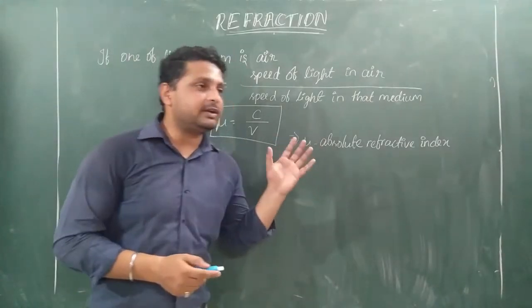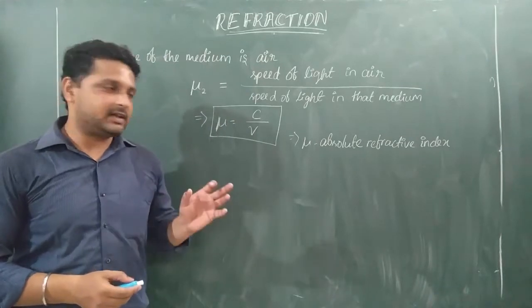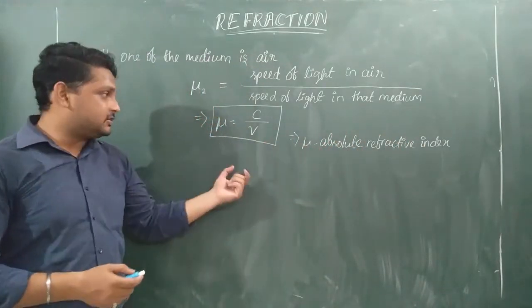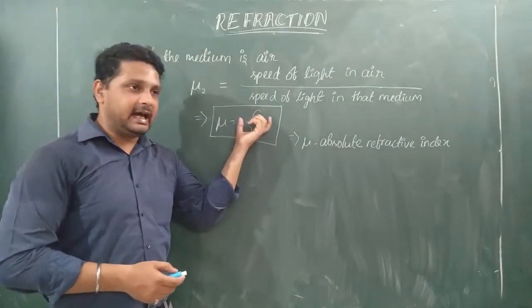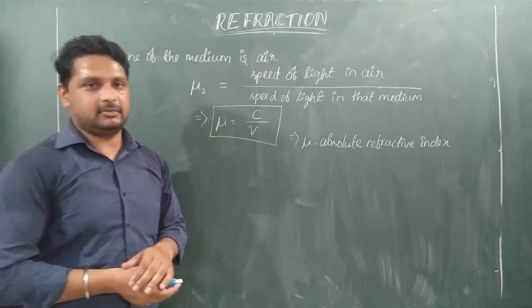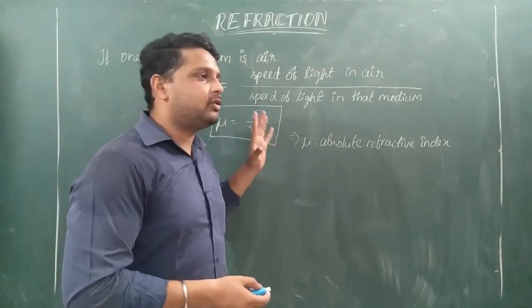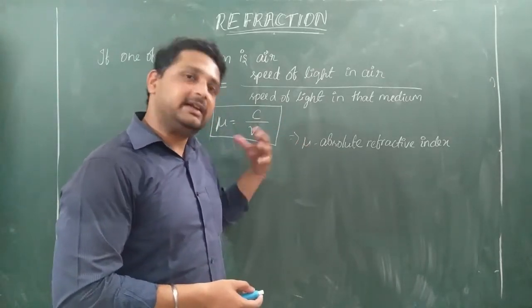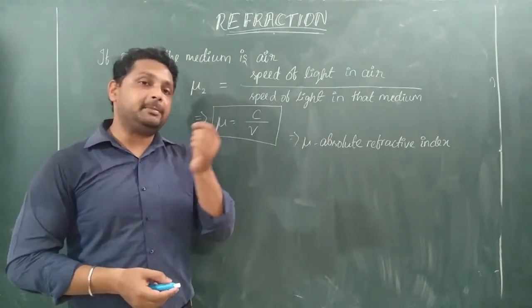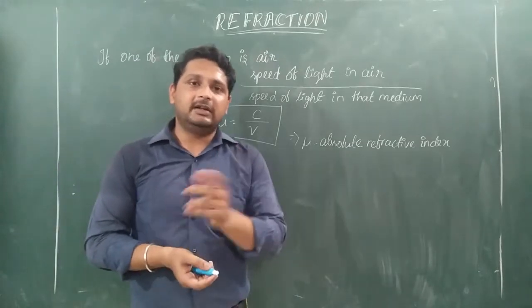So this is absolute refractive index. Mathematically we can say absolute refractive index, or refractive index, is the ratio of the speed of light in air to the speed of light in that particular medium. So this is how you can calculate the refractive index of a medium, or you can calculate the velocity of light in a particular medium if you know the refractive index.